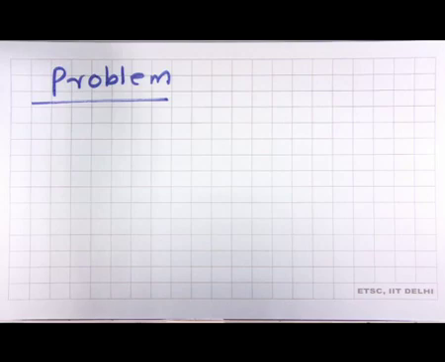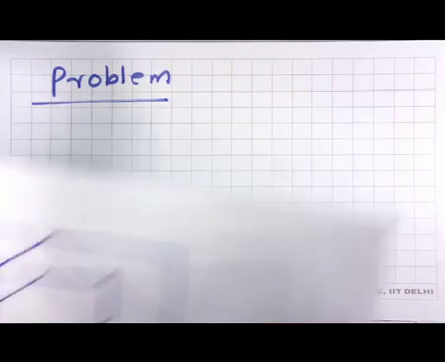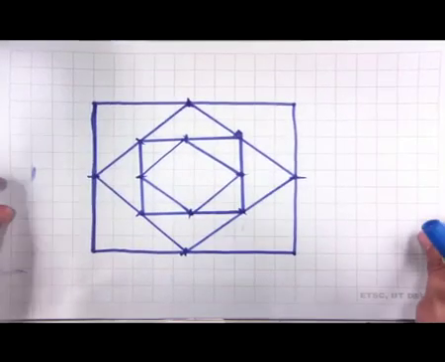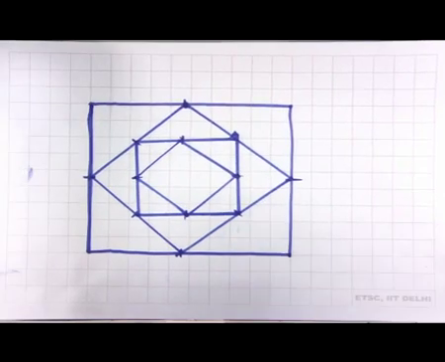You have a pattern of squares. The first 4 of the squares in that pattern are given. The outermost square has area 4 meter square.